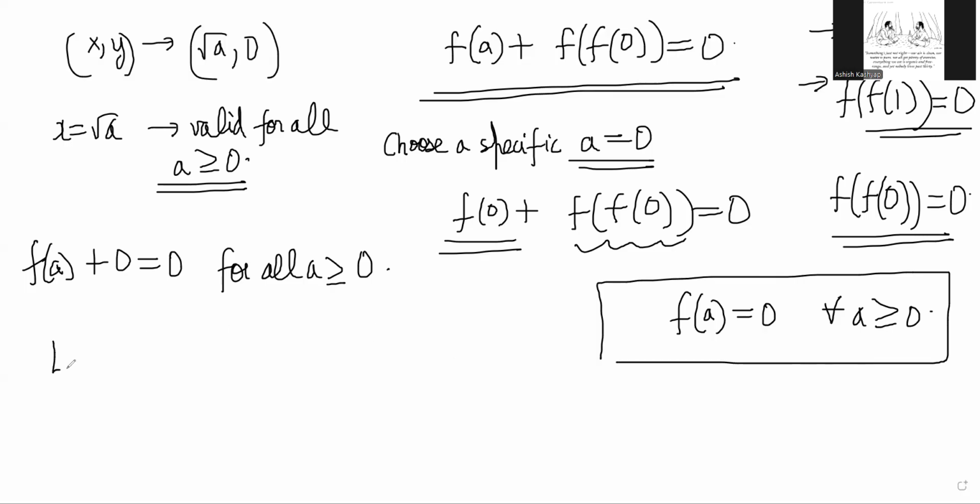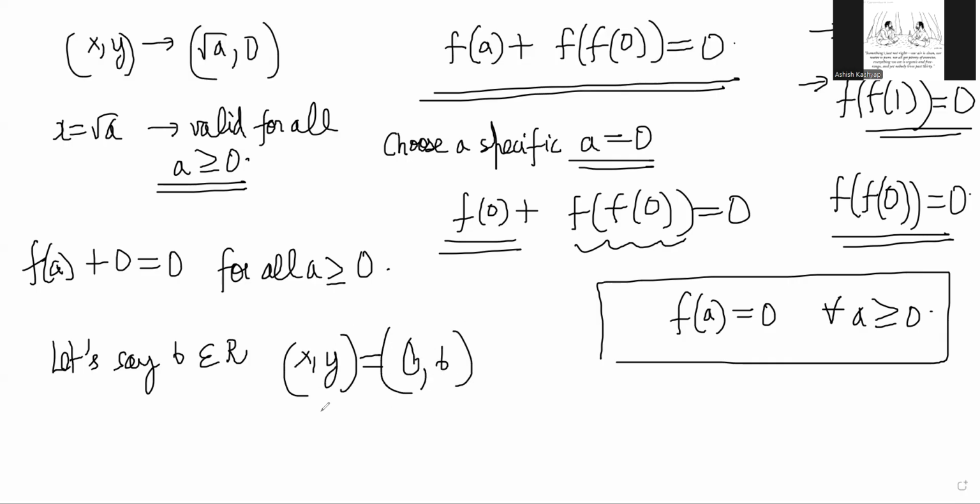Great. Now let's say that b is a real number, and now we will put x and y to be equal to 0 comma b, right? X and y is 0 comma b.